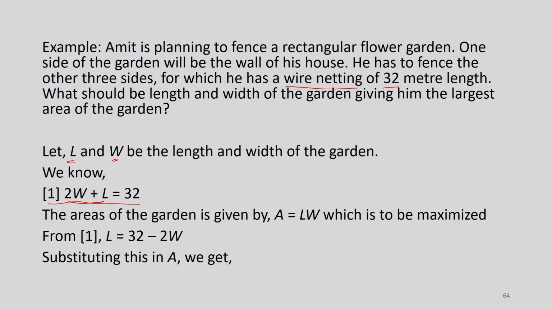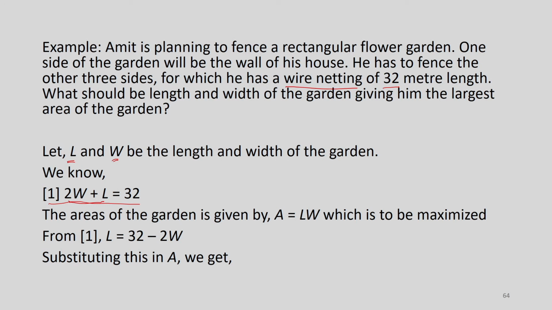So, what we have done is that implicitly we have taken at least one length of the garden to be covered by the wall of the house, and the reason is very simple. Remember, he wants to maximize the area of the garden, so it is optimal for him to cover the length, which is the longer side of a rectangle, by the wall of his house, because that will save him more wire netting.